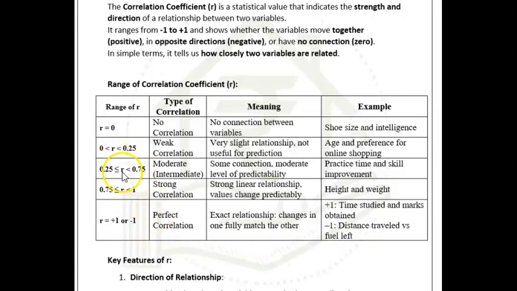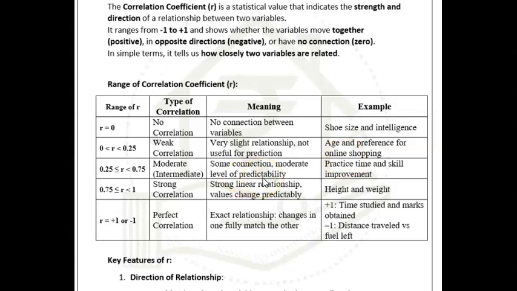If the correlation coefficient R is greater than or equal to 0.25 and less than 0.75, it means moderate, intermediate correlation. Some connection, moderate level of predictability.